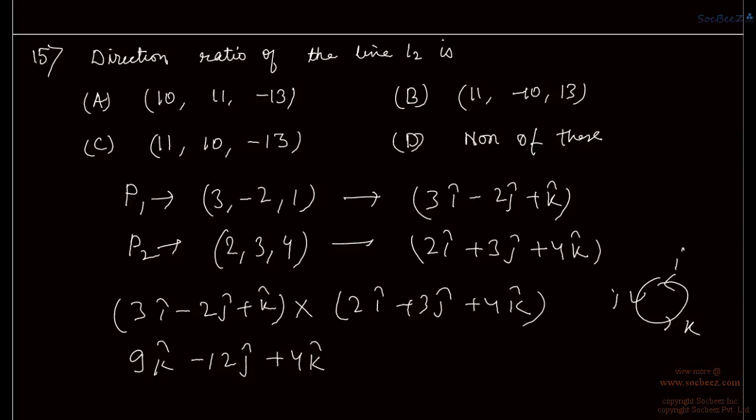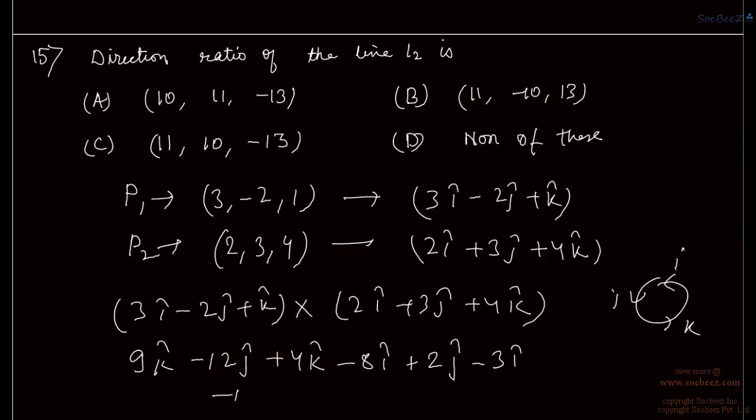So ji minus k, then j cross j is 0, then j cross k is i, that is minus 2 times 4, minus 8i. Now from k, k cross i is j. So plus 2j, kj minus i. So k times 3 is minus 3i and k cross k is 0.